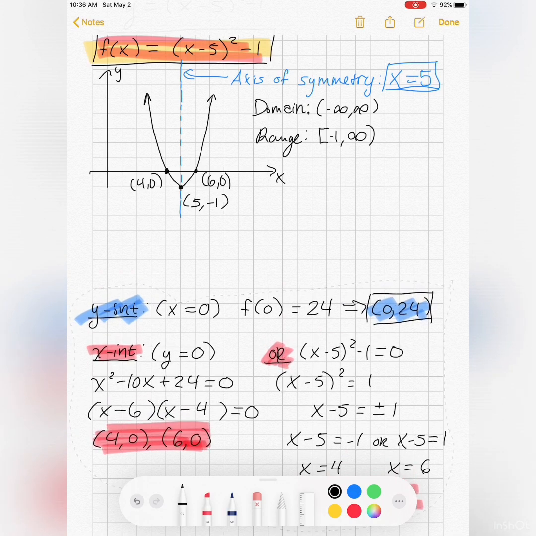Nice. Okay, I wanted to look at where f of x is increasing. I want to say on what interval is f of x increasing, and on what interval is f of x decreasing.